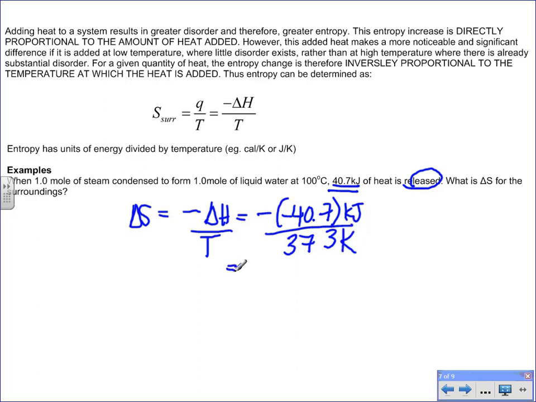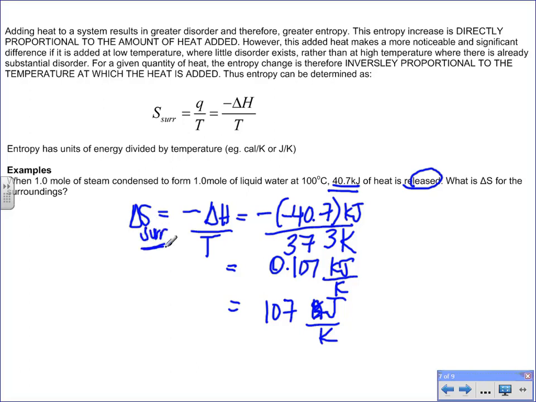So you'll be left with 0.109 kilojoules per Kelvin, which is a small quantity, and this is why we report our entropies in joules per Kelvin. So this is the change in entropy of the surroundings using the enthalpy of a particular process.